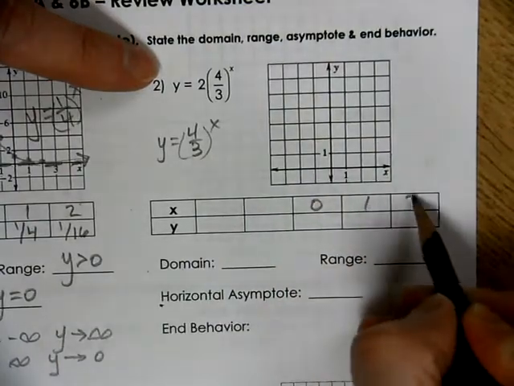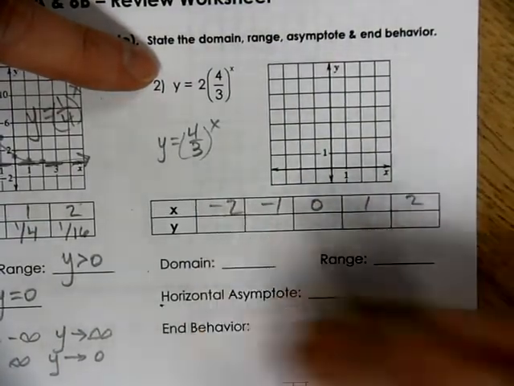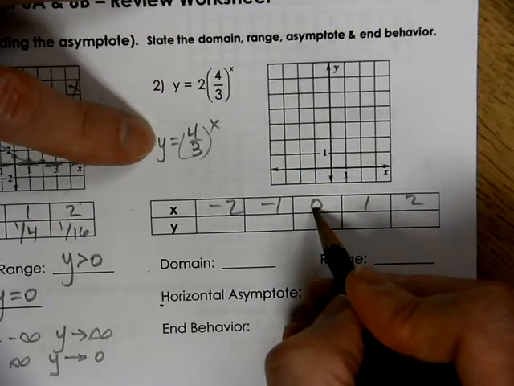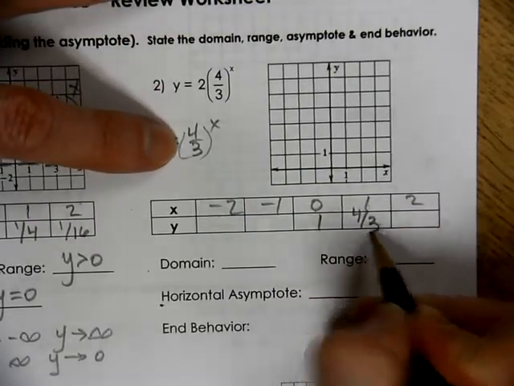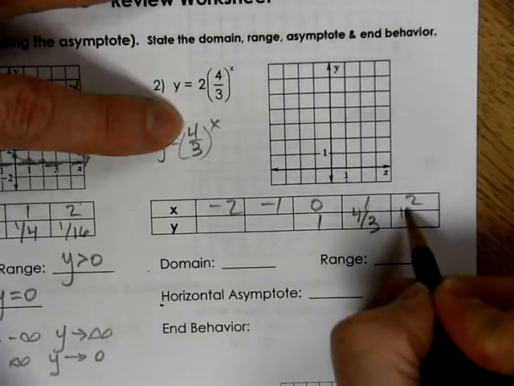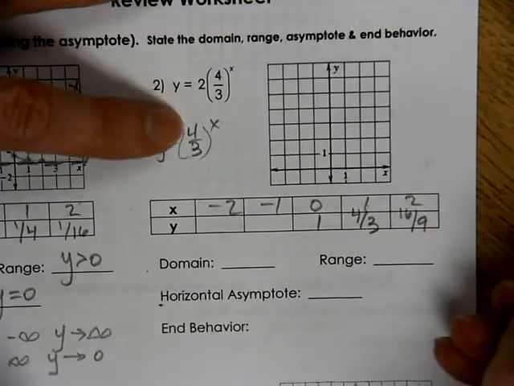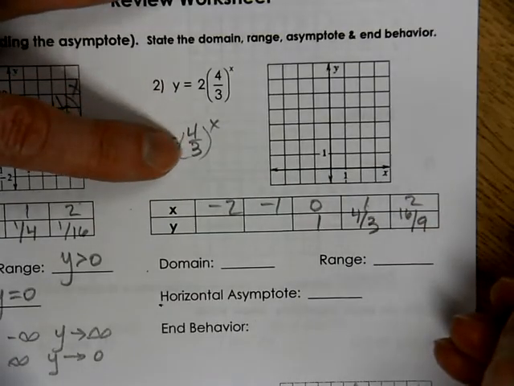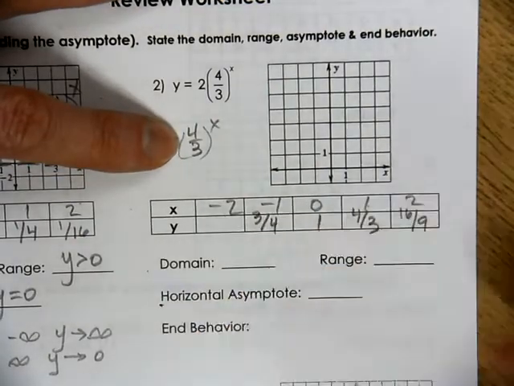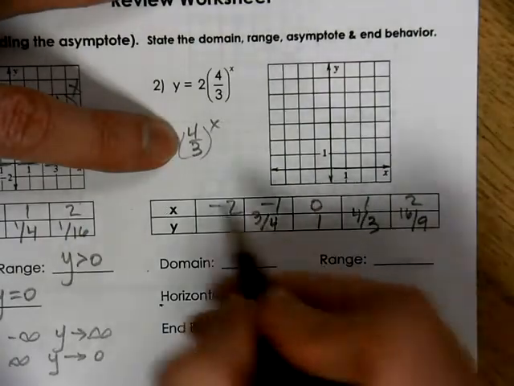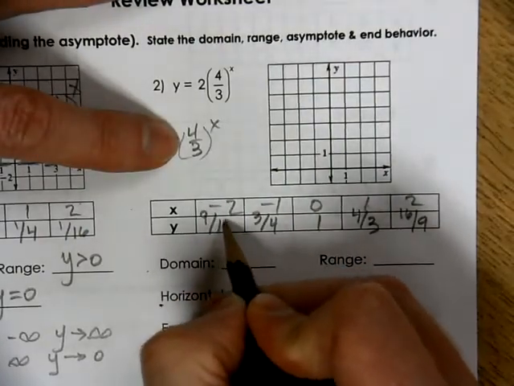We'll do 0, 1, 2, -1, -2. We know at 0 we're going to be at 1. At 1 we're going to be at the b value. 16/9, because you square the top, square the bottom. -1 we're going to do the reciprocal. And then we're going to square the reciprocal, 9/16.